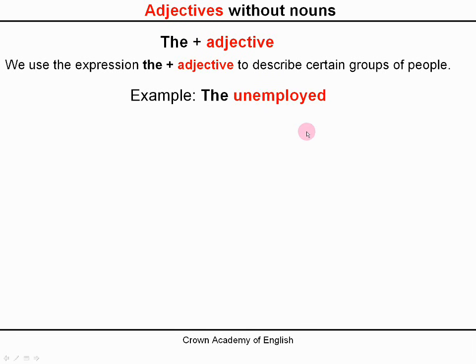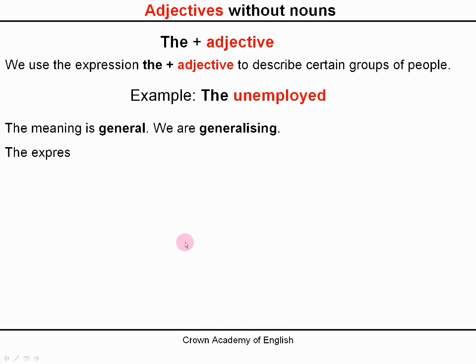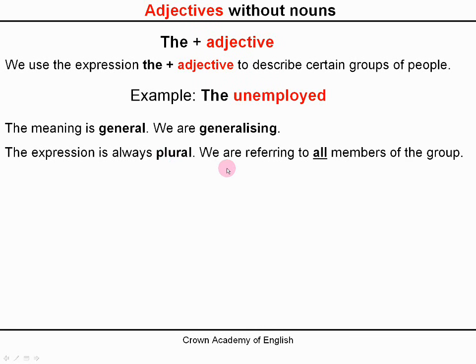So the adjective unemployed means without a job. And so the expression, the meaning, it is general. So we are generalizing. And the expression is always plural. We are referring to all members of the group.